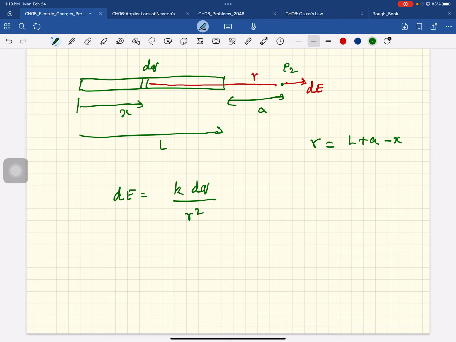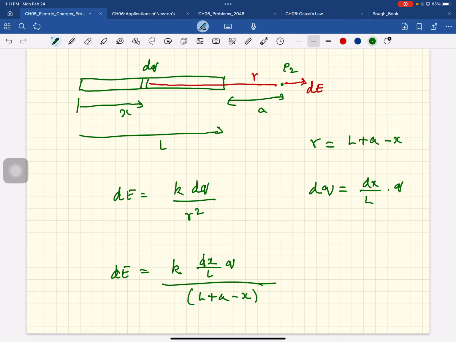So R squared, and we already wrote dq as dx over L times Q. So the electric field due to that little element is K times dx over L times Q, over L plus A minus x squared.